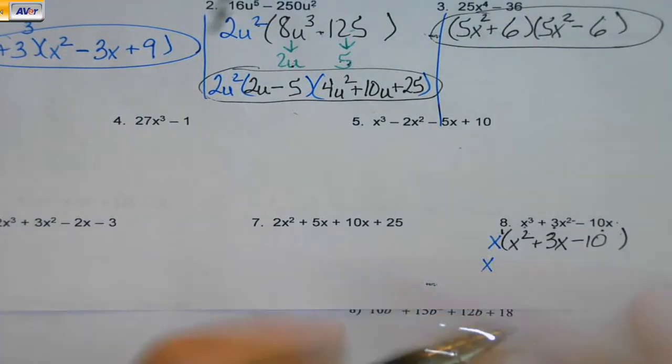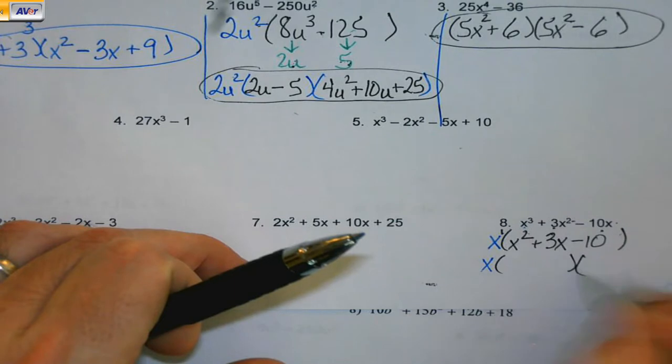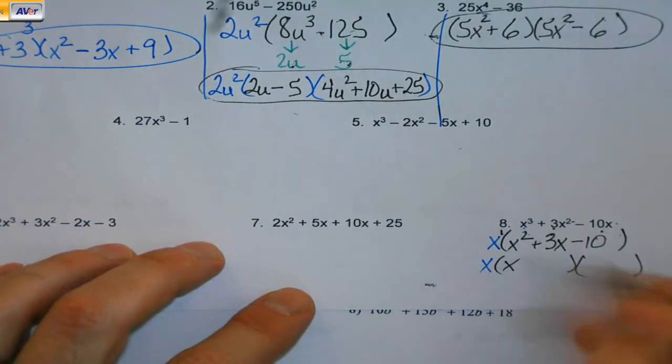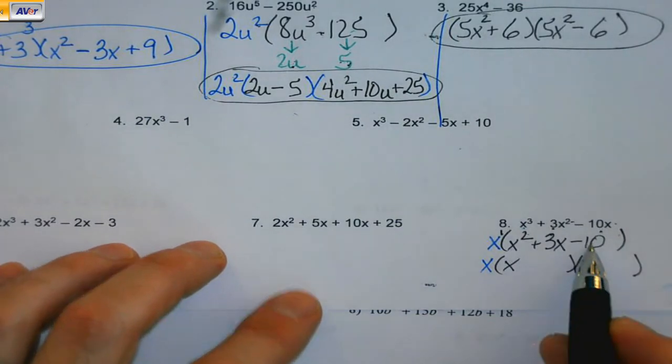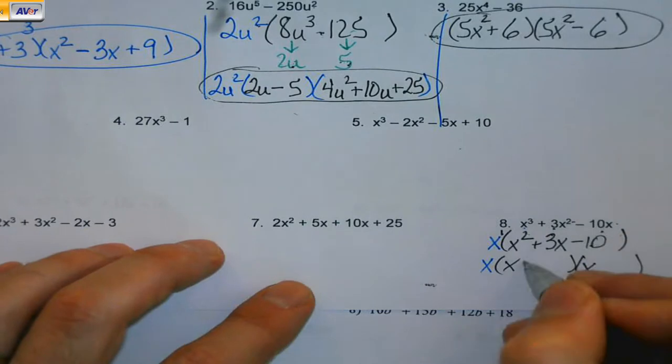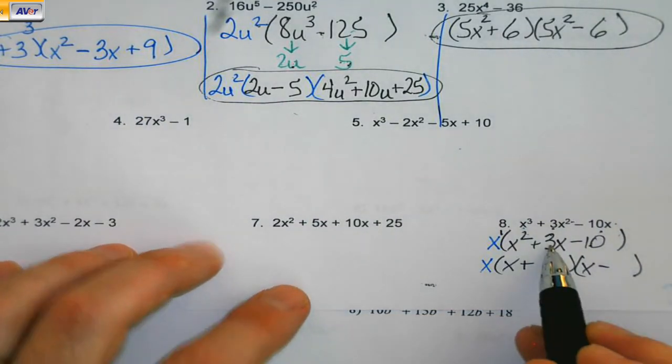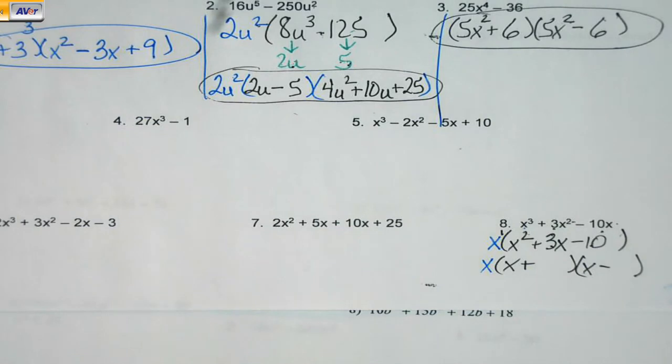Okay, whenever there's 3 terms, I'm always going to look and see, okay, let's see if with a couple of clues I can find something that works. My multiply number is negative 10. Okay, if I multiply to a negative, I know I'm going to have one of each sign. I also know then that with one of each sign, the 2 numbers are going to be 3 apart, that I'm going to subtract them to get to 3.